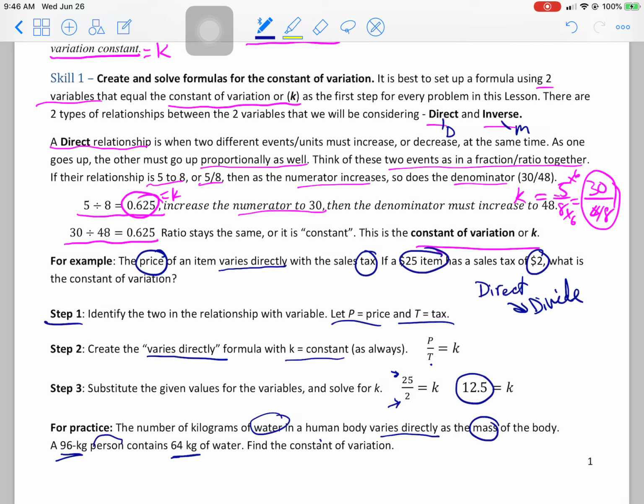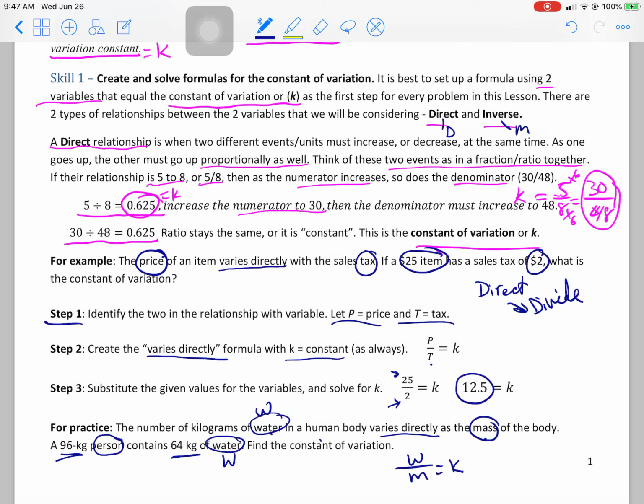You can say this is a person and this is water, so no matter what, I'm going to go with W for the water. Then you can go mass with an M or person with a P, but that's up to you. The water varies directly with the mass, so I usually stick to that sentence.